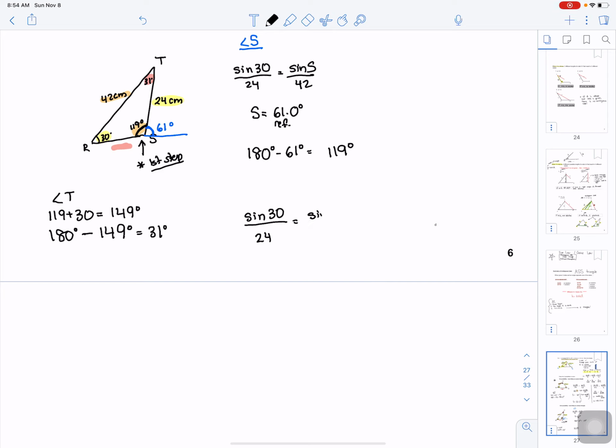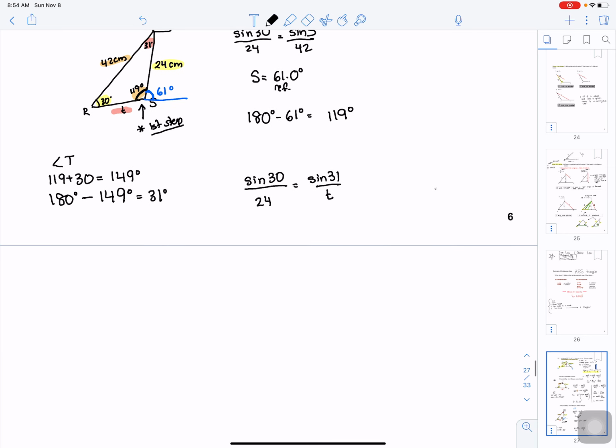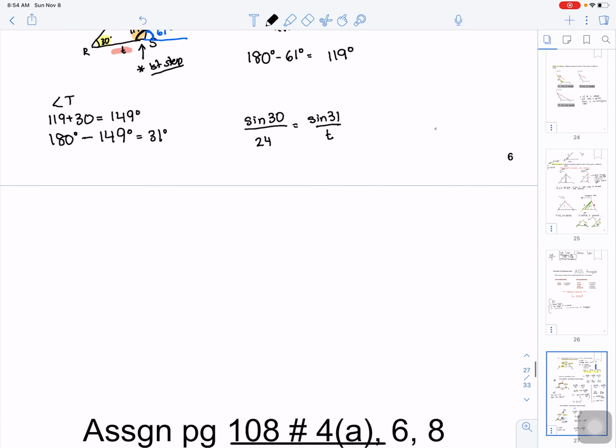And then I get sine of 31 divided by my missing side, which I'm going to call T because this was called capital T. Now again, some of you don't like that the T is on the denominator. So what I'm going to do is I'm going to flip both sides, and when I say flip, I mean switch the denominator and numerator on both sides.